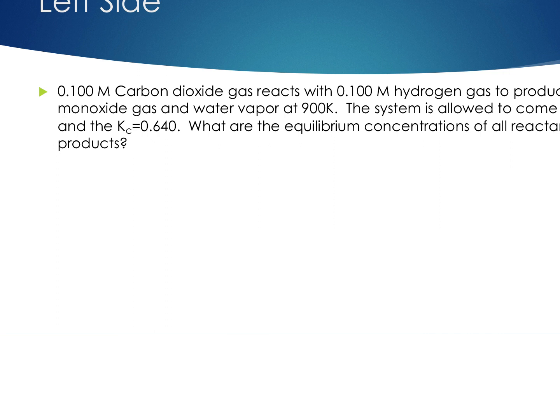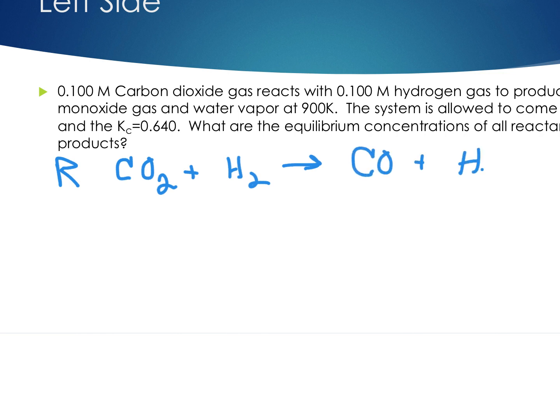We're going to start with the reaction: CO2 plus H2 reacts to produce CO plus H2O. The first thing I want to do is make sure that it is balanced, and indeed it's balanced just like it is, all coefficients of 1.